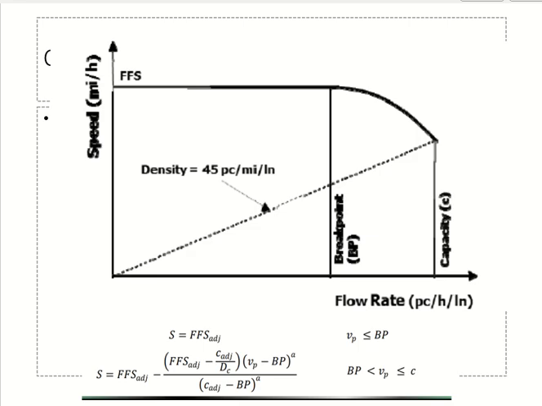So every time, free flow speed cannot be used for calculating density. You have to see in which condition your traffic is. Is it in free flow condition or is it in some other condition? What is the limit between them? My breakpoint. How to get the breakpoint?